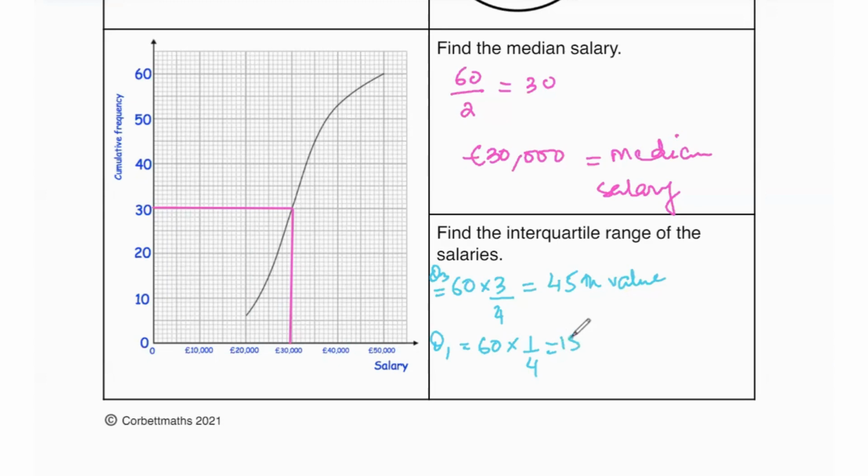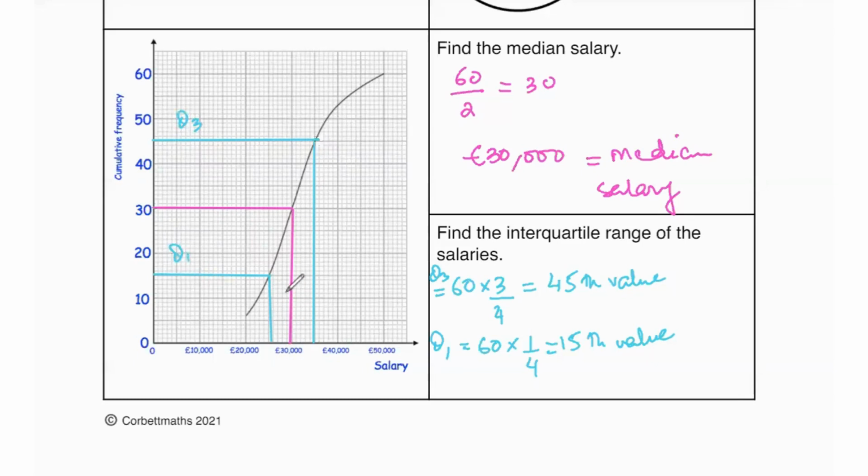So we need to find the 15th value. So this is going to be the 15th value. And then the 45th value is going to be over here. This is your upper quartile. This is your lower quartile.